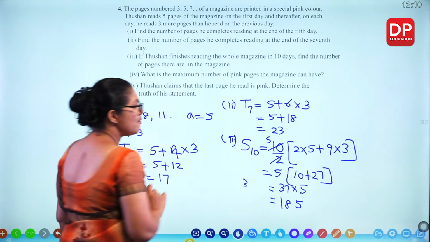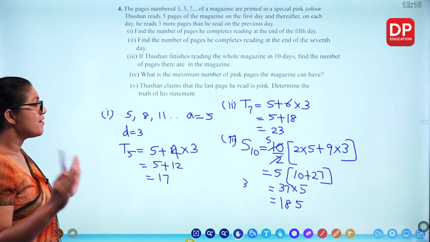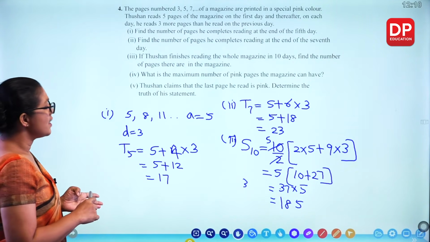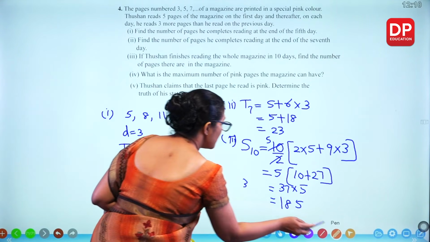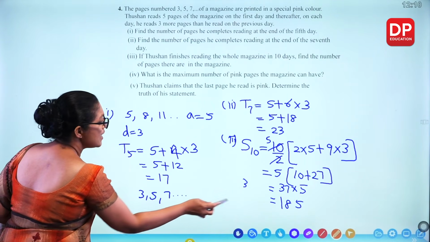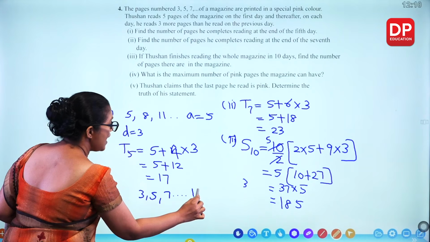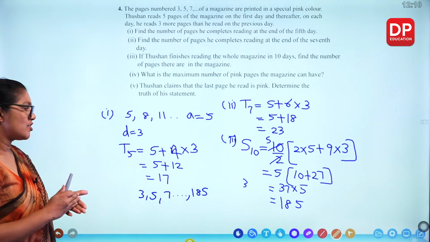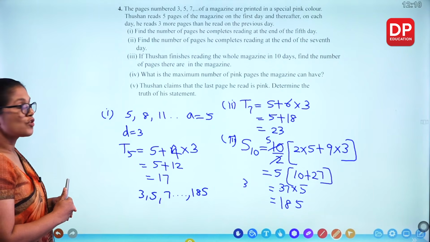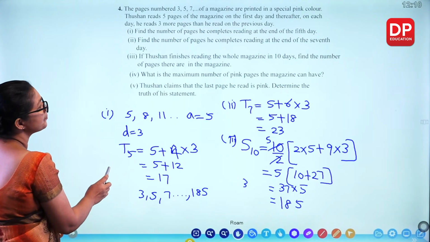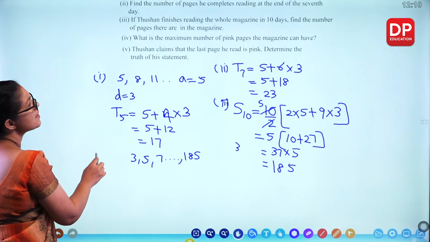So the full magazine is 185 pages. So we need to find out, if this is 3, 5, 7 like that up to 185 pages, how many pink pages are there? So use the nth term formula.